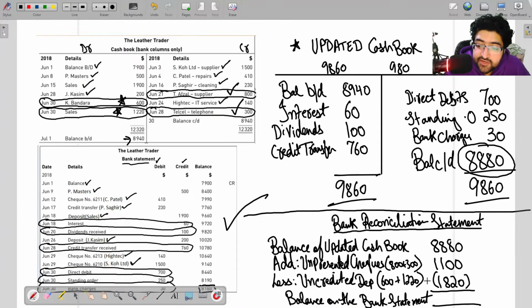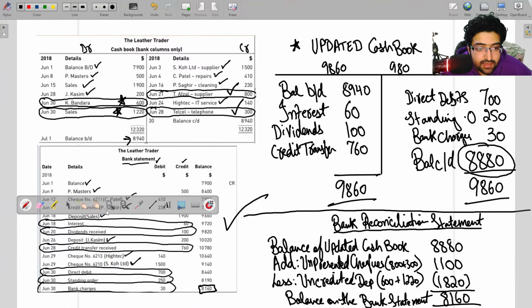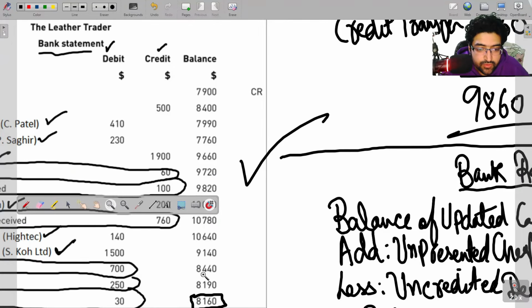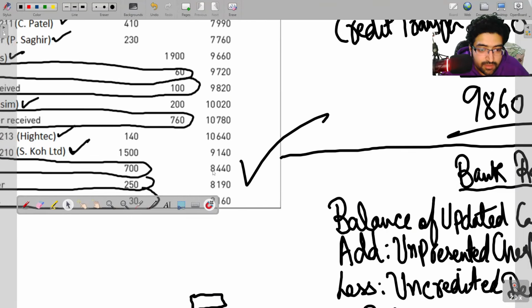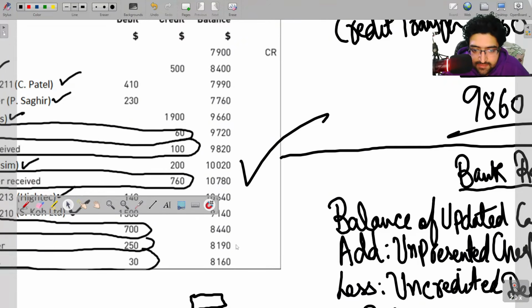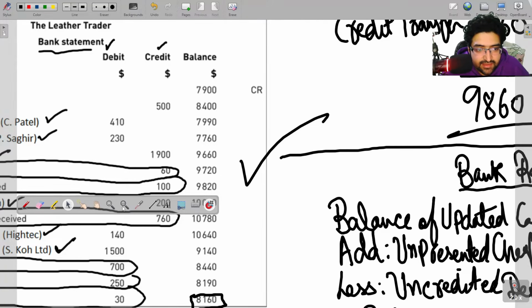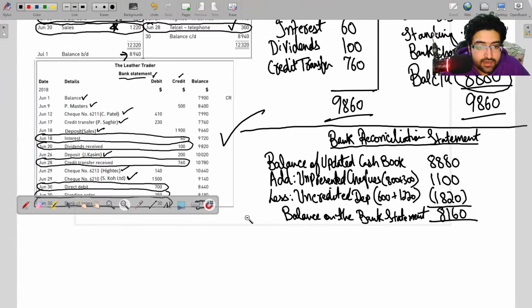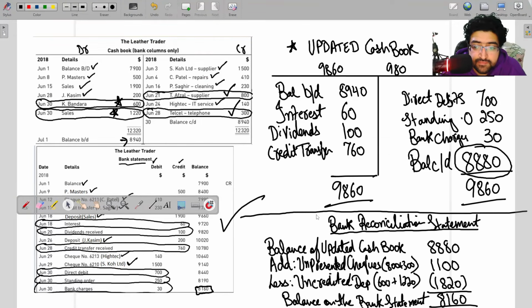So I'm getting 8160, which is the balance on the bank statement, as you can see. Let me zoom this in to show it to you. The balance on the bank statement, the final balance, is 8160, as you can see, which means we have reconciled this properly. We did not miss any steps, we did not make any errors. Okay? And that's why we are coming to the same balance as the bank statement.